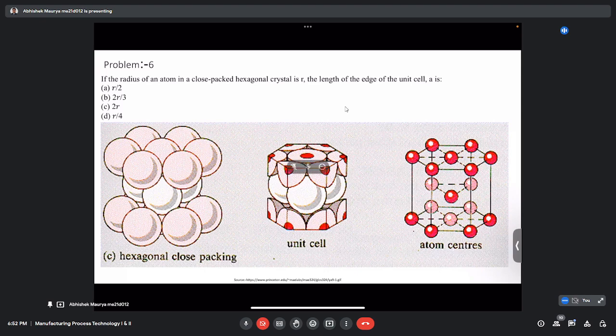Please read the question and try to give the answer. Meanwhile, I will create the poll. You can keep your answer in the polling section.